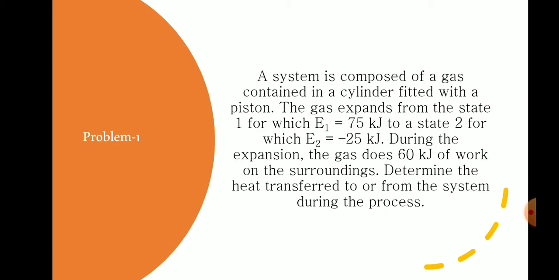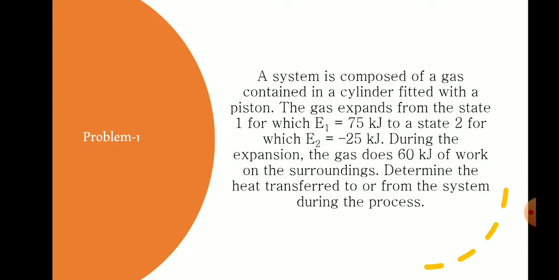But one thing is, what is the sign convention of heat and work? This is a very, very important point, and it was already discussed in a previous video. For heat input, negative sign, and output, positive sign; work input, positive sign, work output, negative sign. Now carefully read the problem. The internal energy change: E1 is 75, E2 is minus 25, then delta E equals E2 minus E1. This formula is also very basic.